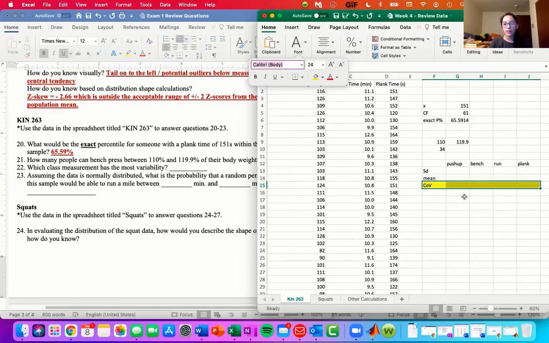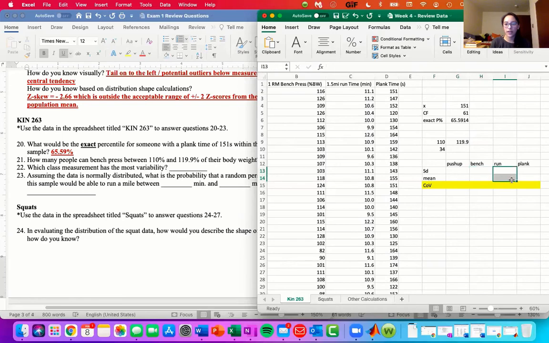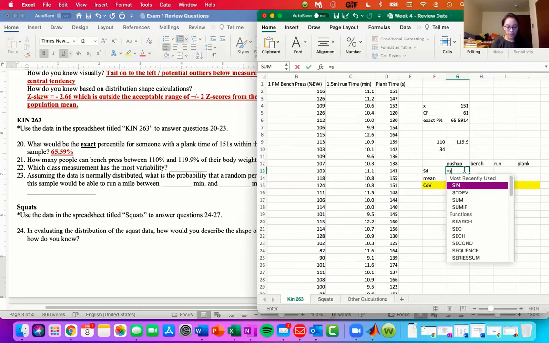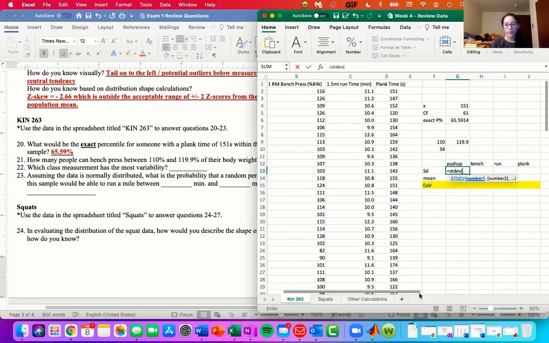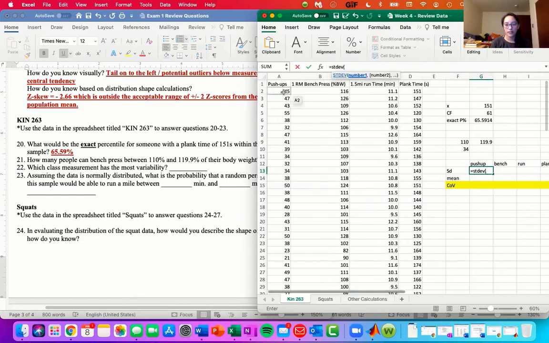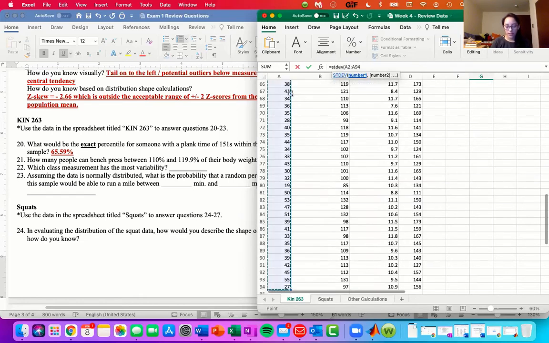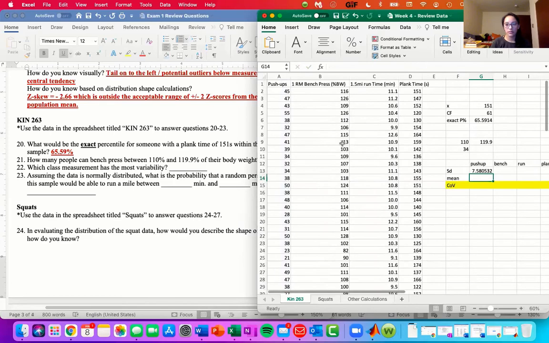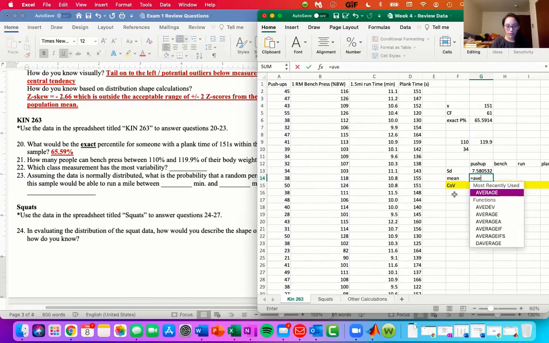We need to find standard deviation and means in order to figure out what the coefficient of variation is. So for standard deviation, we do STDEV, and then I can calculate the standard deviation for my push-ups. Mean you guys are familiar with, which is average.